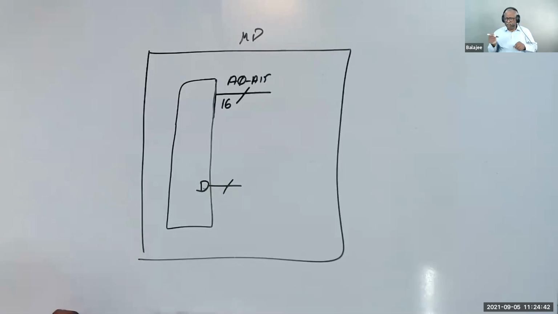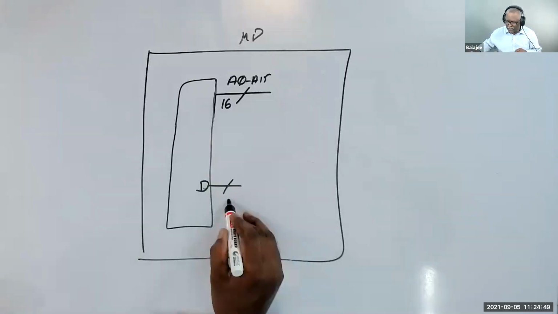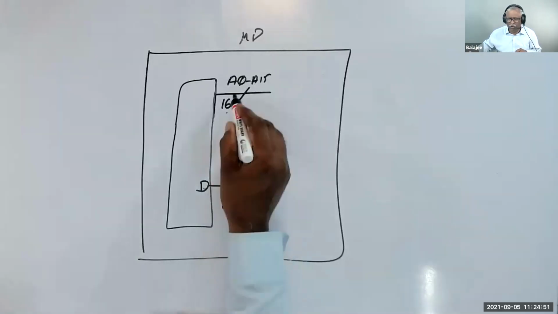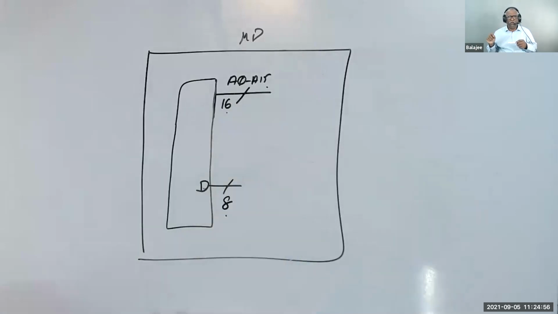Okay, now what is happening is this. I have 16 wires in A0 to A15, and I have 8 wires in D0 to D7.